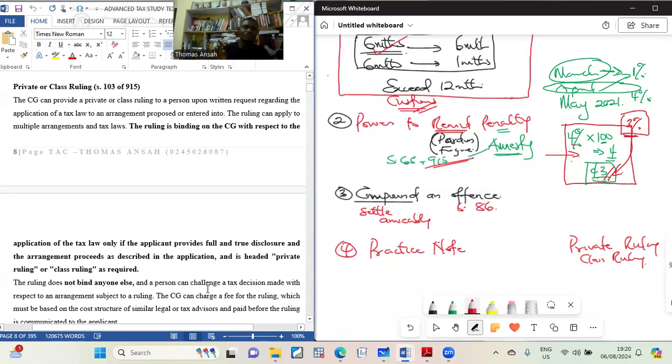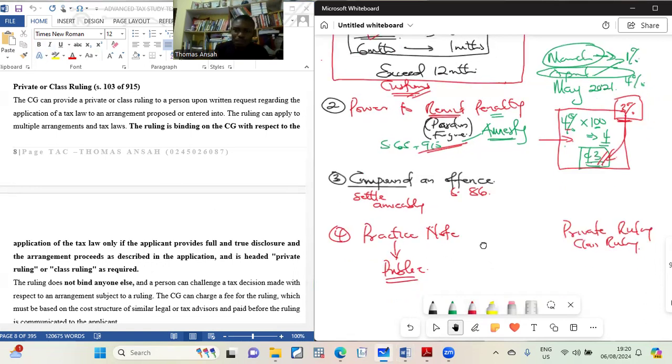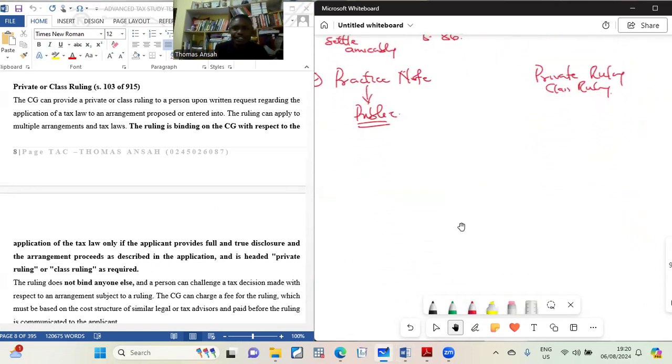Now, this is the difference between a practice note and a private ruling. The practice note is for the general public. Everybody uses it. But when it comes to the private ruling, it is an individual who wants to find the Commissioner General's opinion on the provision of a tax law.